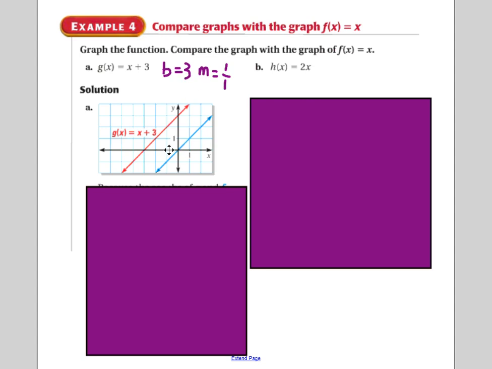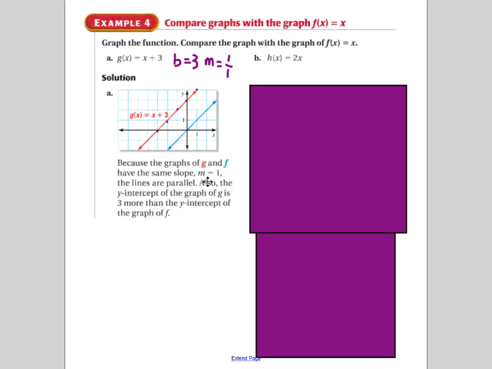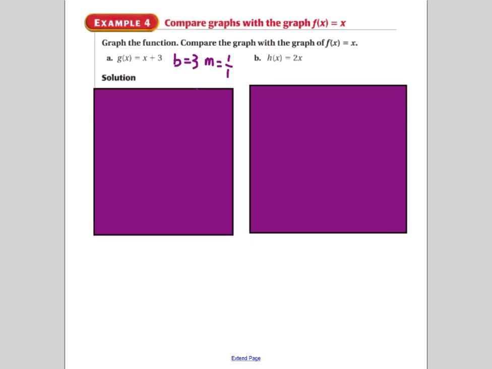Because I had an intercept, I started at 3, so right here, and then I rose and ran by 1. So we could say that these two functions, because the graphs of g and f have the same slope, the lines are parallel. Okay, parallel lines always have the same slope, but the y-intercepts are different. Okay, it's 3 more.